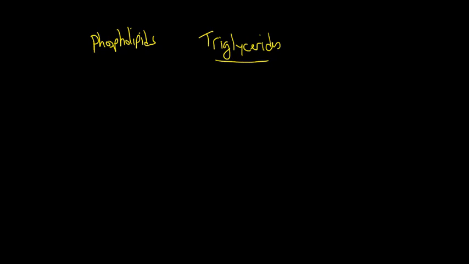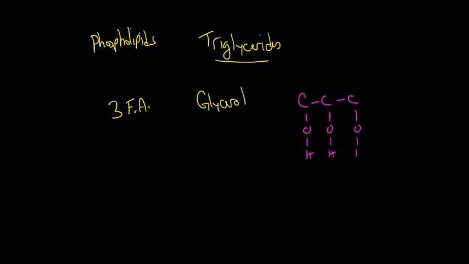With triglycerides, we end up having three fatty acids that combine together into one molecule. They do so by linking together with a compound called glycerol. Glycerol is a 3-carbon compound where each carbon has a hydroxide or an alcohol group hanging off of it.